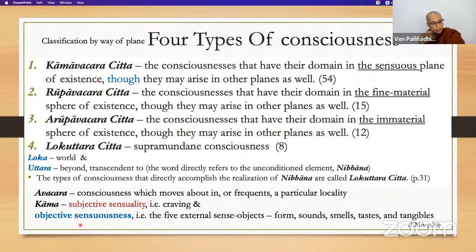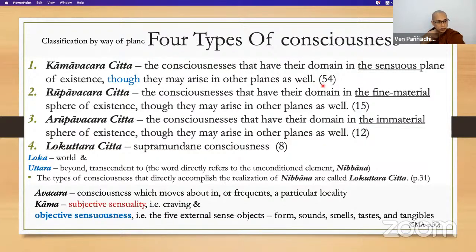They cannot be the subjective side; they can only be an object. And avacara means moving about or frequently arising, the particular locality of that type of consciousness. That is why it is kamavacara: it usually arises regarding the 5 sensual objects, which are under the domain of sensual craving.